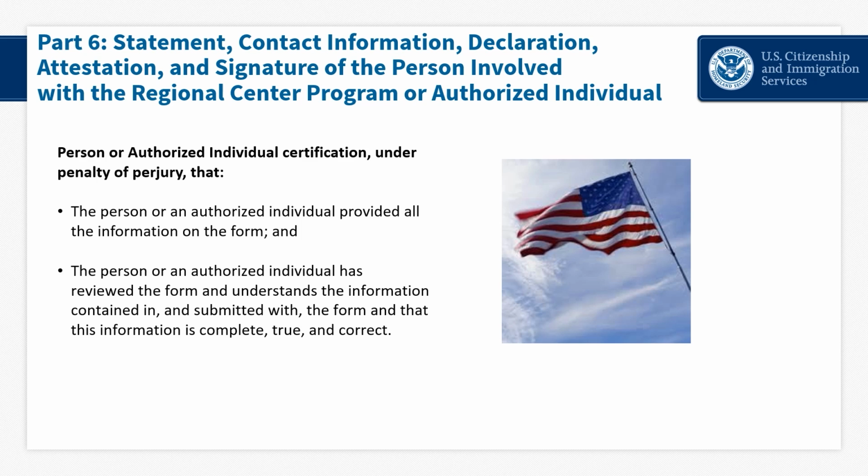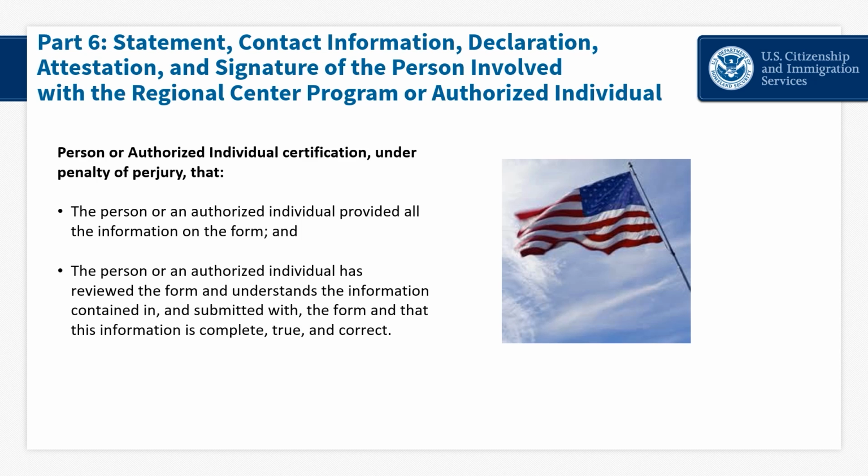Please note that even if a different individual prepared the form, it is still the authorized individual's responsibility to declare, under penalty of perjury, that all information contained in the form is complete, true, and correct, and that they are authorized to file on behalf of the organization. Any unsigned form will be rejected.